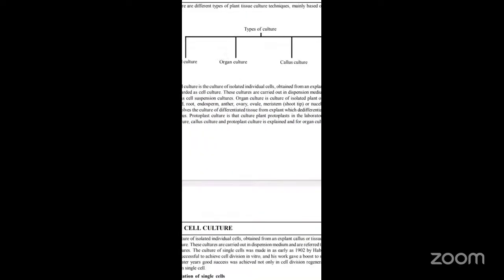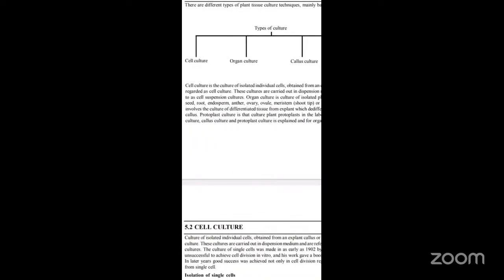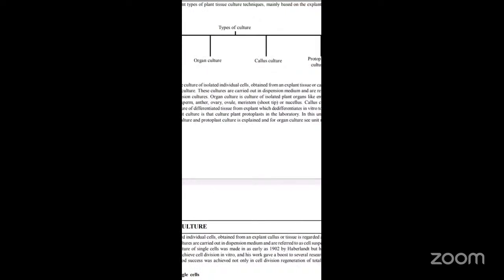So types of culture: cell culture, organ culture, callus culture, and protoplast culture. The cell culture: culture of isolated individual cells obtained from an explant, callus, or tissues is regarded as cell culture.